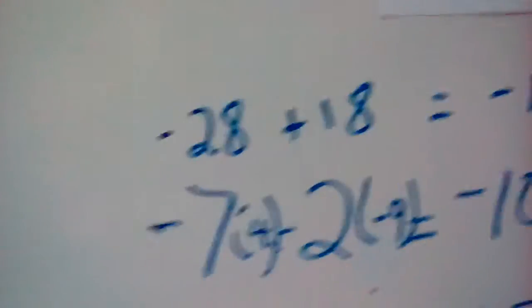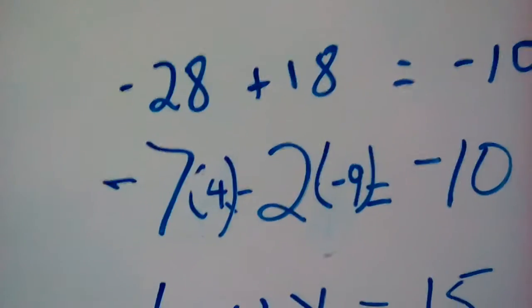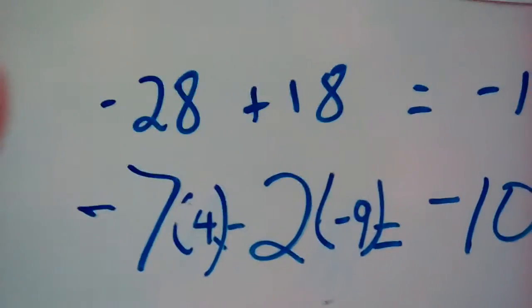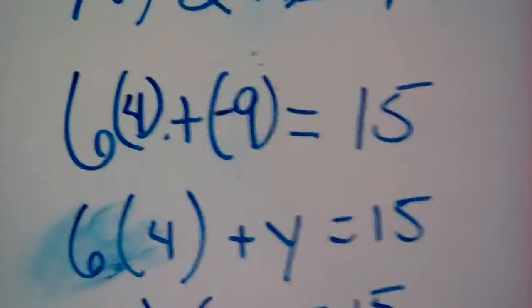Negative 28 plus 18 gives you negative 10. And for this other one, this was a 4 and this was negative 9, right? So 24 and negative 9 is going to give you 15.